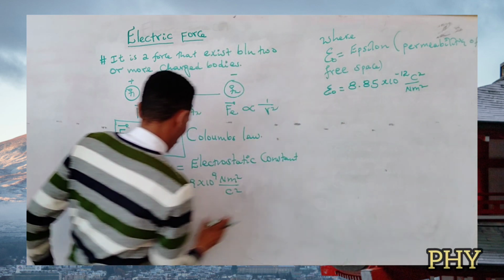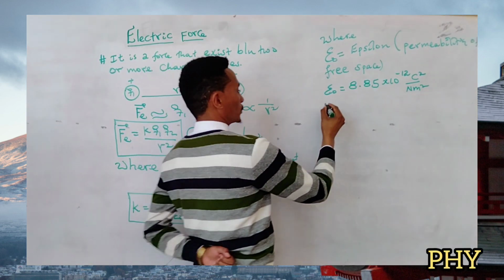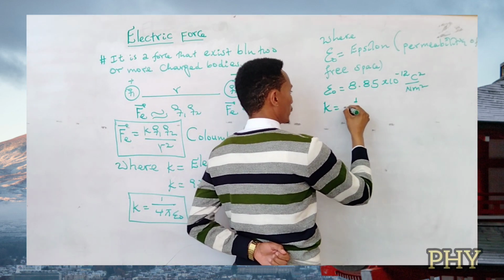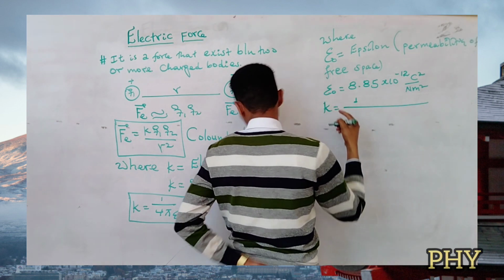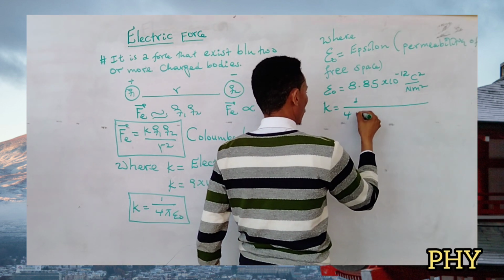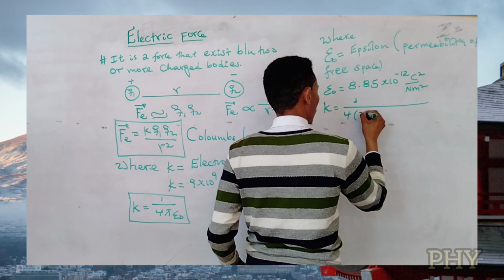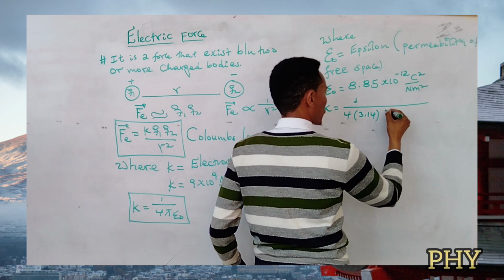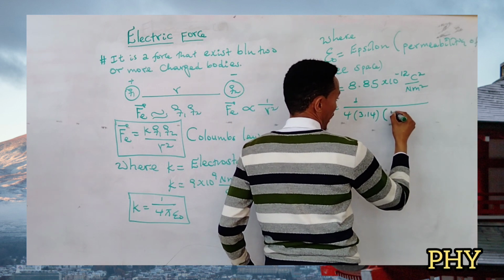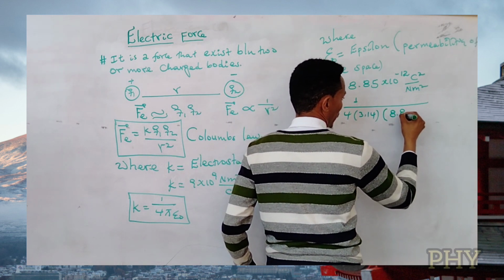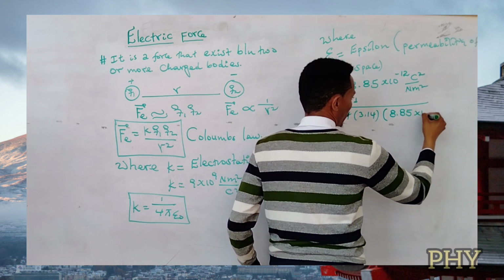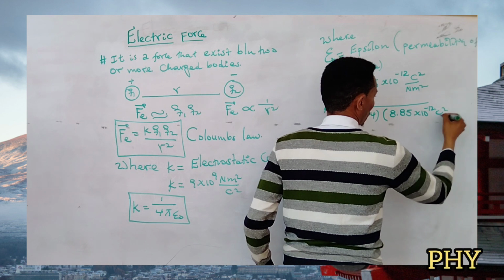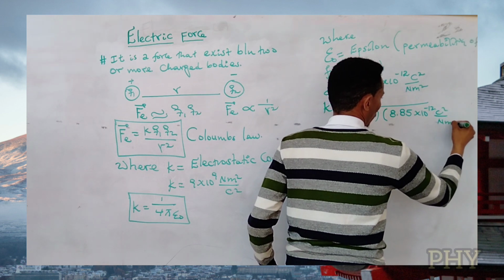So using this in the formula, the electrostatic constant is equal to 1 over 4 times pi, which is 3.14, times the permeability of free space, epsilon, which is 8.85 times 10 raised to minus 12 coulomb square per newton meter square.